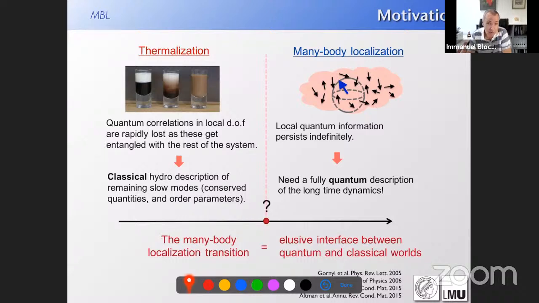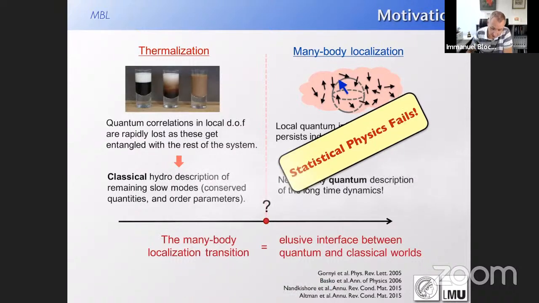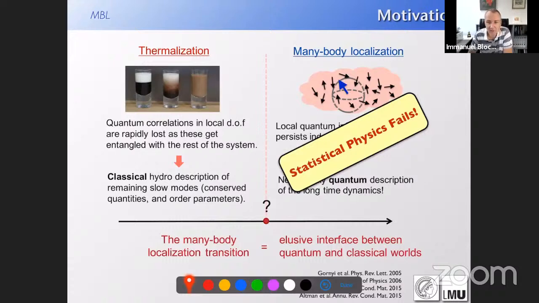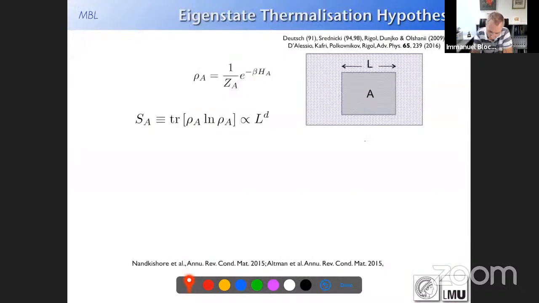And in our case, it will be quantum information, of course, that is retained for this system. Yeah? All right, so it's interesting because it's a case where statistical physics fails. Our usual approach to statistical phases fails, and we really have to derive a lot of the concepts anew.